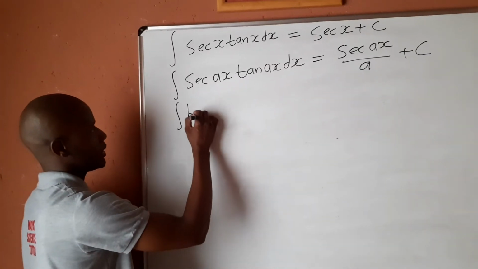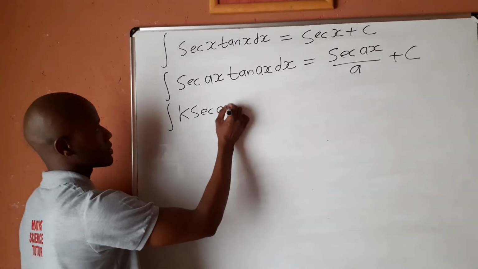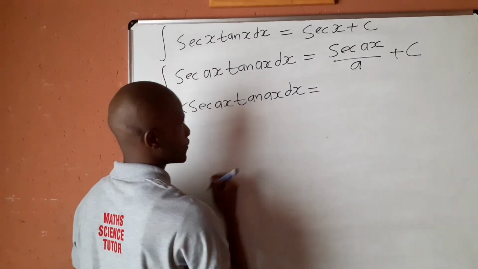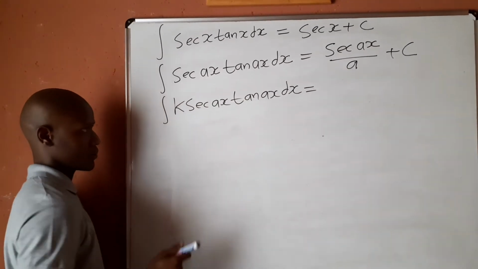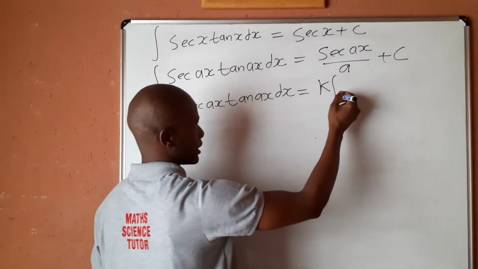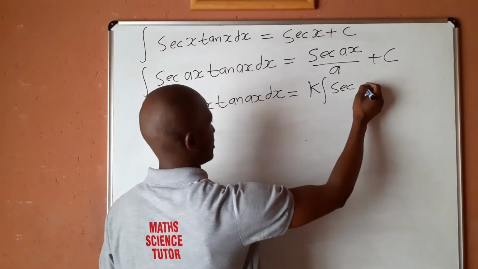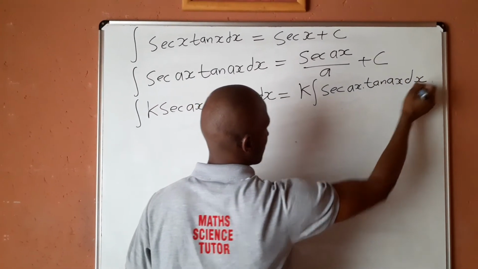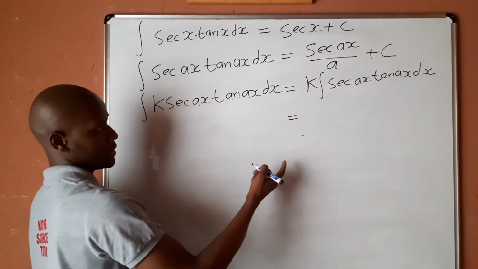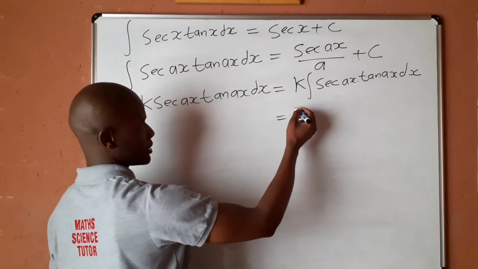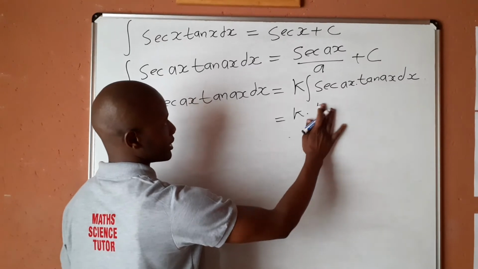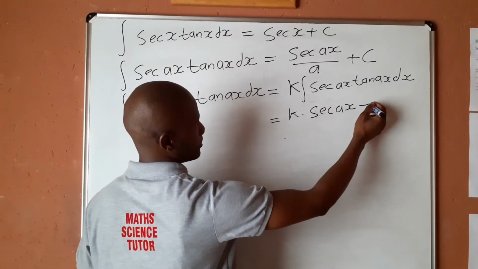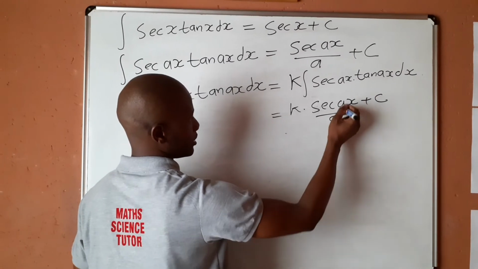Integrate k sec ax tan ax dx is equal to, take k out as a common factor, k integral sec ax tan ax dx. Then we integrate sec ax tan ax dx, which is k times sec ax plus c divided by a.